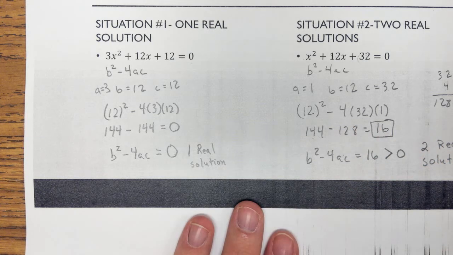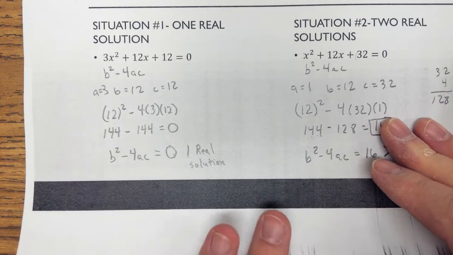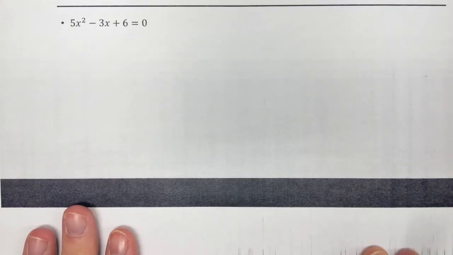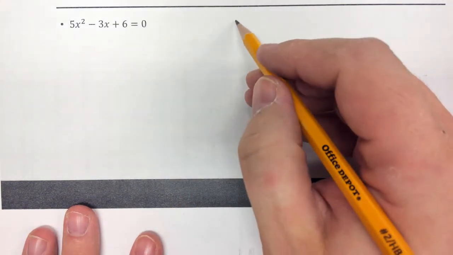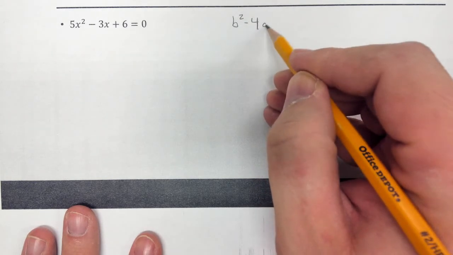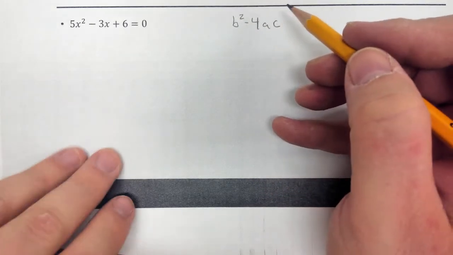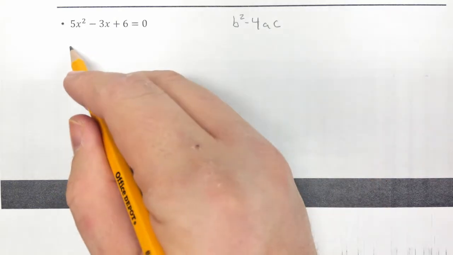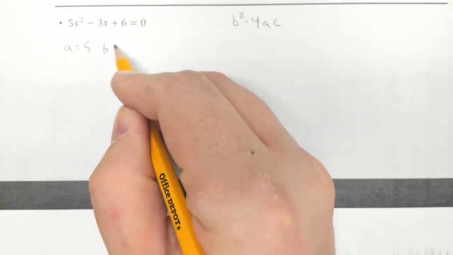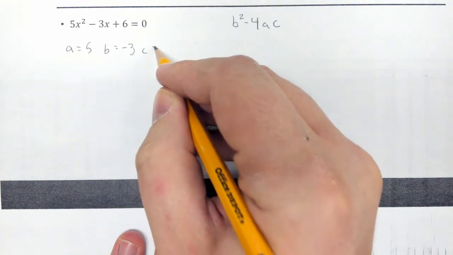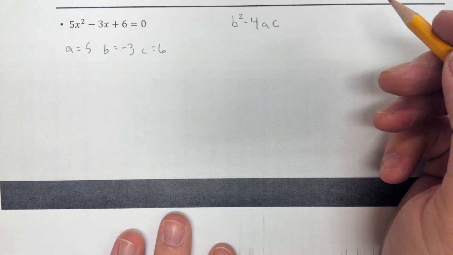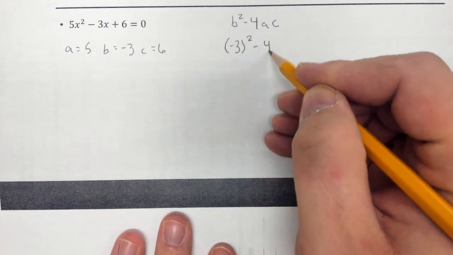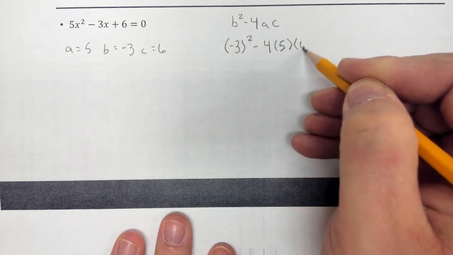All you're doing is plugging these numbers in, and you're trying to figure out if they're greater than 0, equal to 0, or, in the next situation, less than 0. Again, we're doing b squared minus 4ac and asking, is that number greater than 0, equal to 0, or less than 0? Well, a equals 5, b equals negative 3, c equals 6. So negative 3 squared minus 4 times 5 times 6.